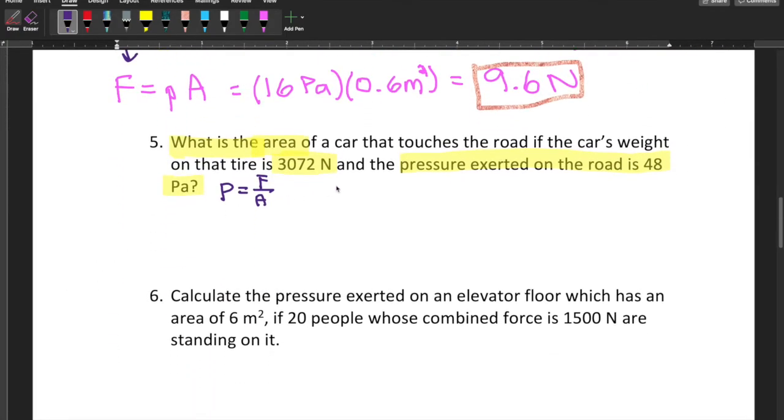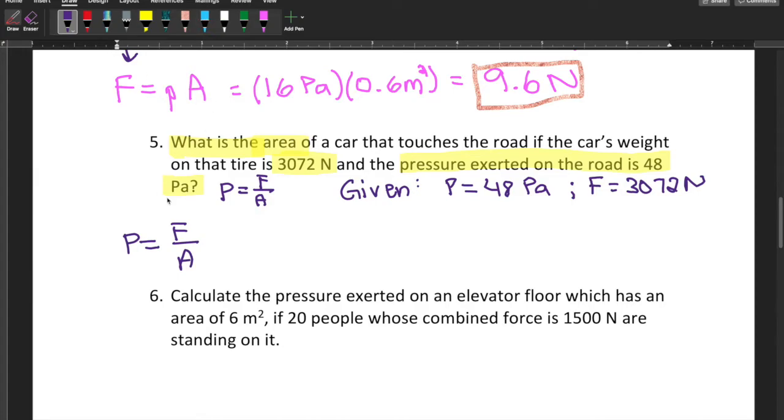So I'll use the same equation. I'll write my givens first. We are given a pressure of 48 pascals, and we are also given a force of 3,072 newtons. So I'll just plug it in. So we have pressure is equal to force over area.